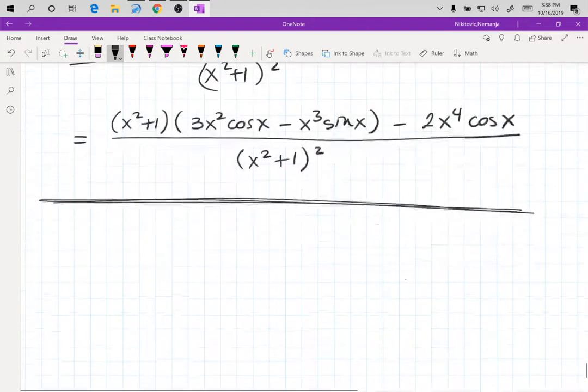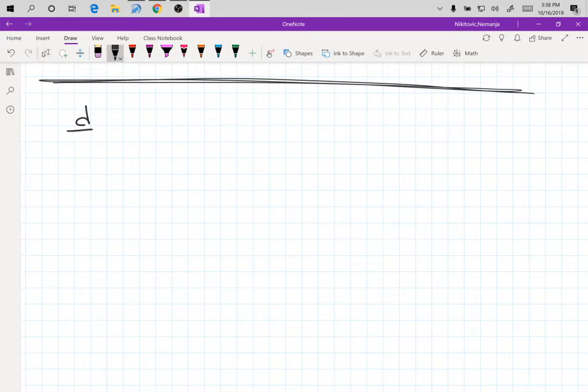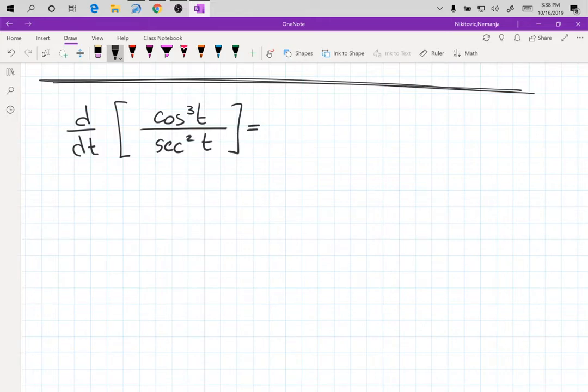Say no more. d/dt of cosine cubed t divided by secant squared t. Cool.